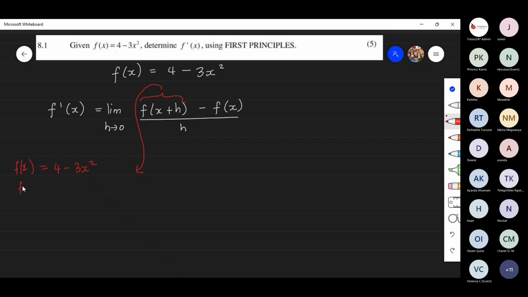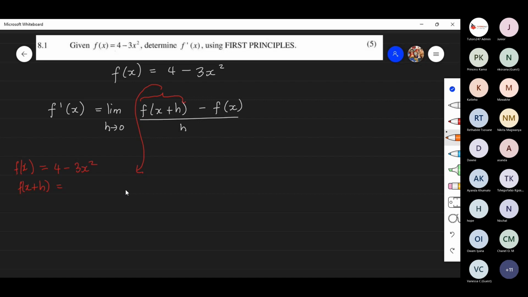Now, to get f of x plus h, all we are going to do is wherever we see x, within brackets, we are going to substitute x plus h. So I'm going to repeat that once more. In order to get the first component, f of x plus h, all we do is wherever we see x, we substitute x plus h in brackets.